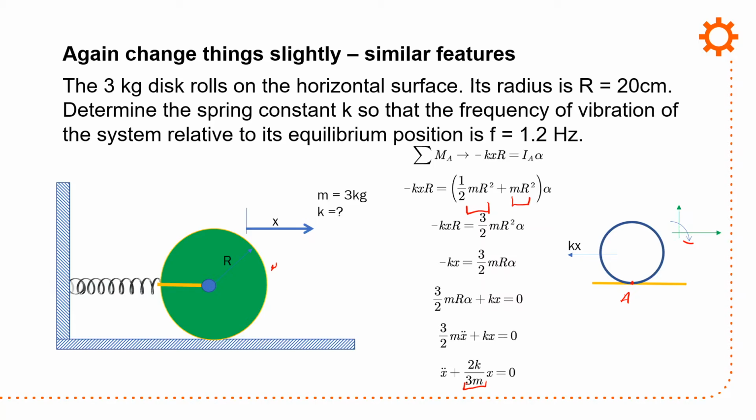Now, again, you'll notice that this k over m is not k, it's not m, it's 2/3 k over m. And I could only get that if I'd gone through all of this effort and I recognized the shape component up here. Parallel axis theorem. And the other thing is that I've made a substitution rather directly where I said R alpha is really x double dot. So that's why I'm able to write this nice expression at the end.